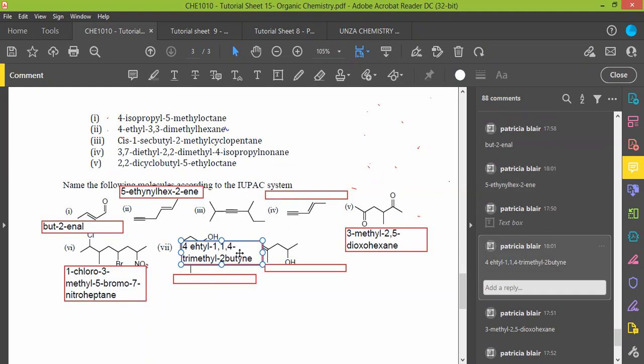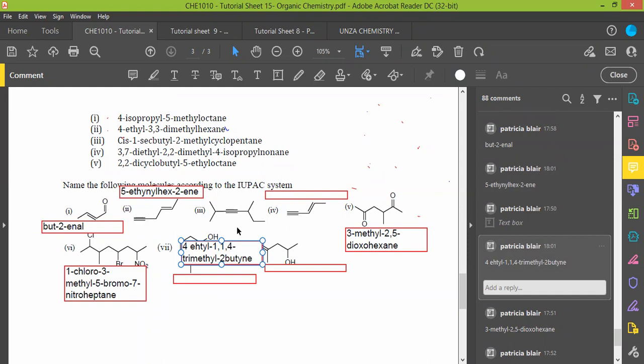And then on your counting, you have 1, 2, 3, 4, 5, 6, 7. And 1, 2, 3, 4, 5, 6. So where your butane came from really was here. You did the counting starting from this point as 1, 2, 3, 4 for your butane, and then you put these as substituent. But that's not how the counting should be done.